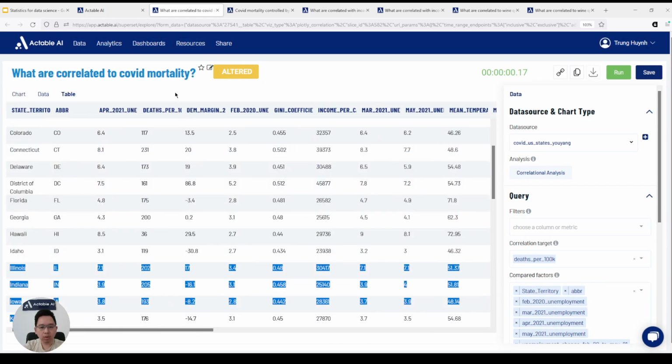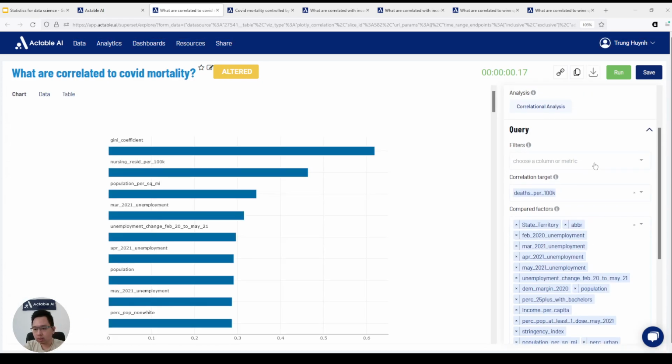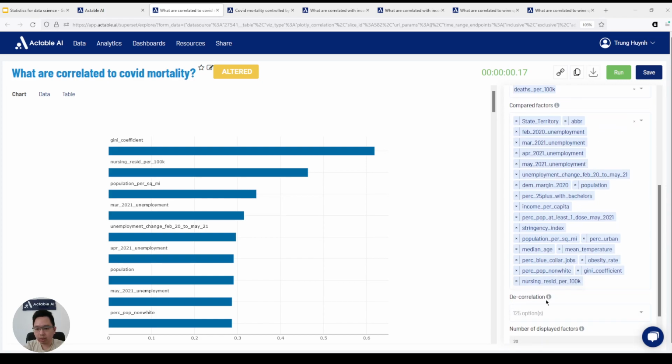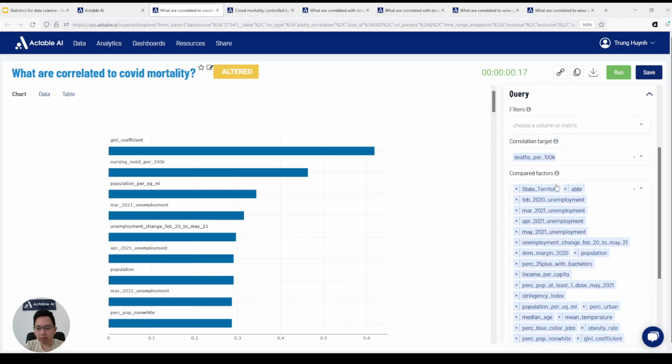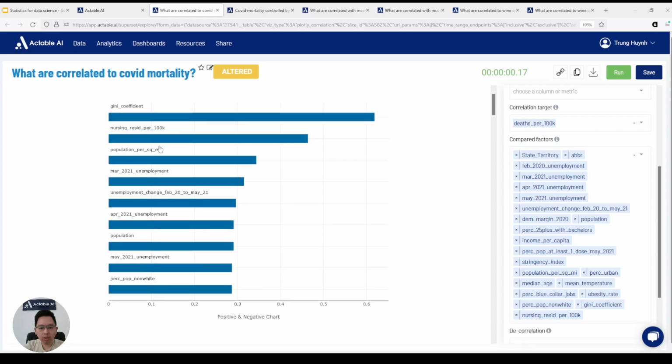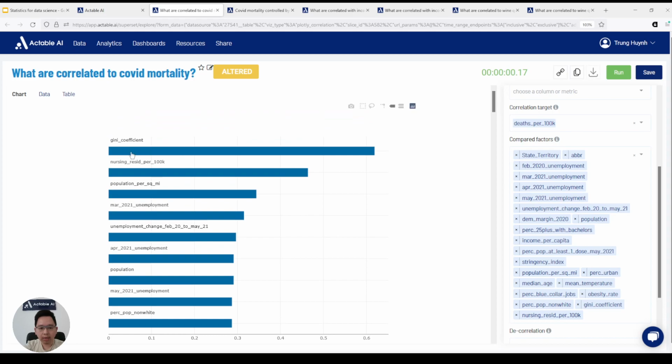All I need to do is select the mortality rate, death rate per 100,000 people, as the correlation target, and then select everything else as the compare factors, and then click run. After a few seconds or minutes, you have the result shown here, where we see that the inequality index is highly correlated to mortality rate.